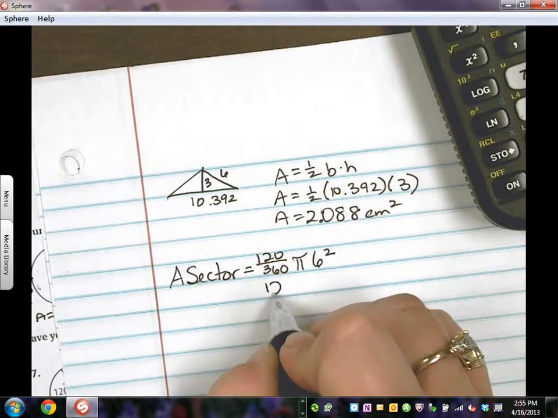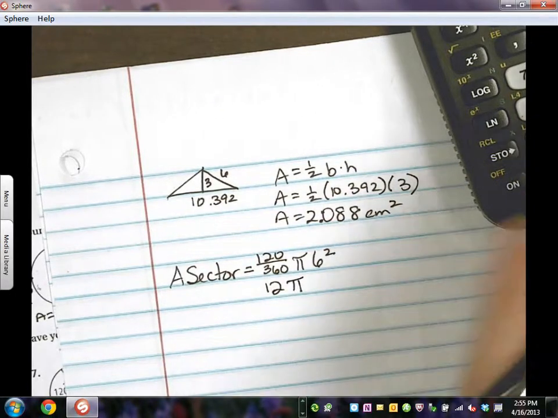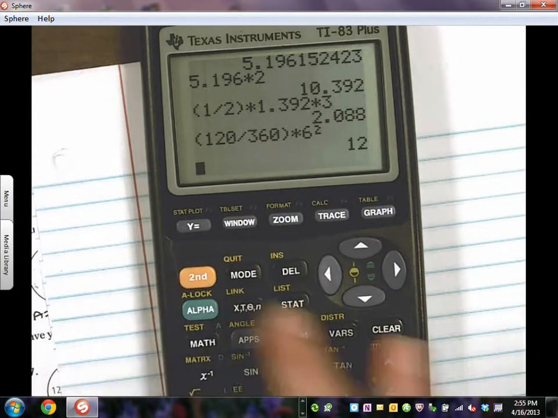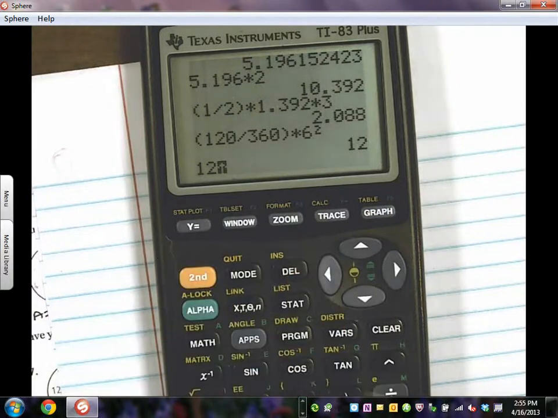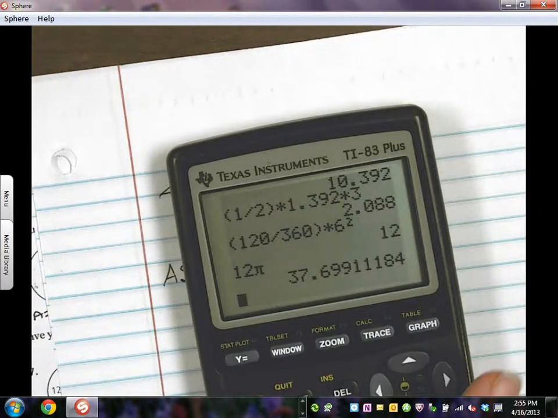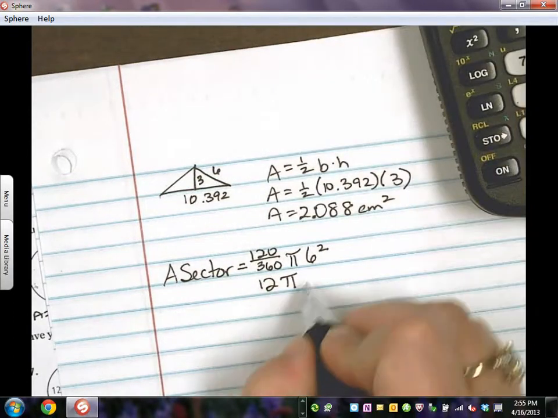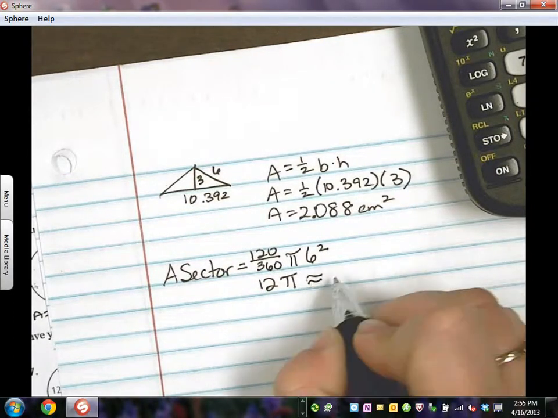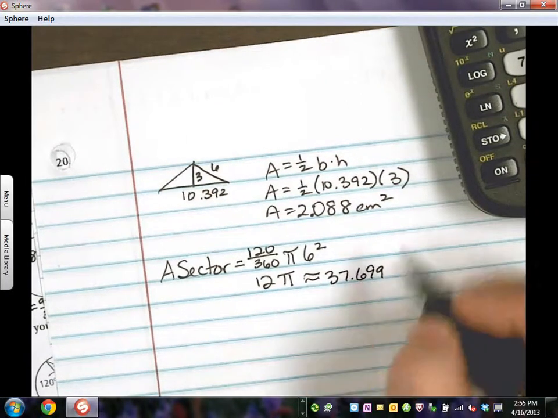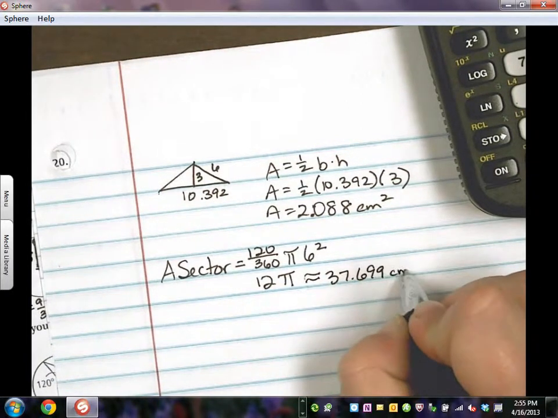So this is 12 pi. And I need to know about the decimal equivalent. So those of you that are struggling finding the pi key, remember you hit 12 times, hit that pi key right here on that caret. Hit enter. 37.699. So that means approximately 37.699 is the area, and this is centimeters squared again.